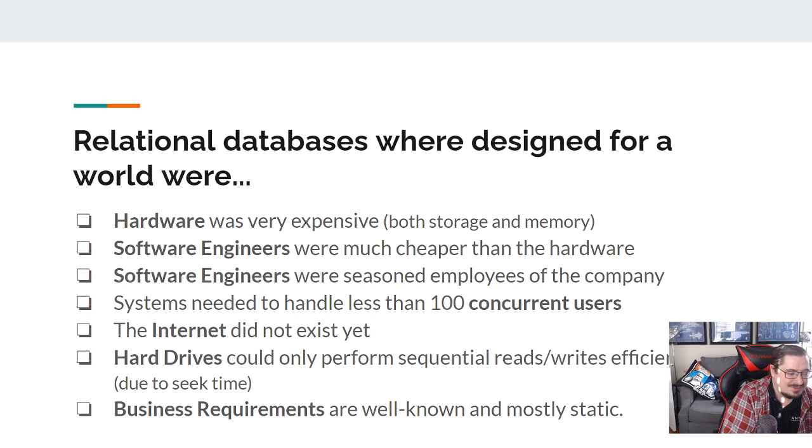Let me repeat that. These early databases did not have websites attached to them because websites didn't exist, right? Nowadays, it's very rare that you interact with a database directly. We generally interact with them through a website. Does that make sense? Yeah.